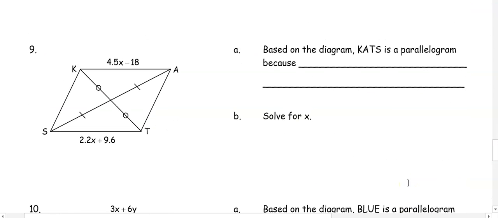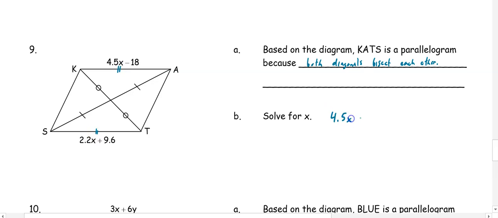In number 9, we see that the diagonals are bisecting each other, so that means that we have a parallelogram. So we know this is a parallelogram because both diagonals bisect each other. So we know that the opposite sides have to be congruent.